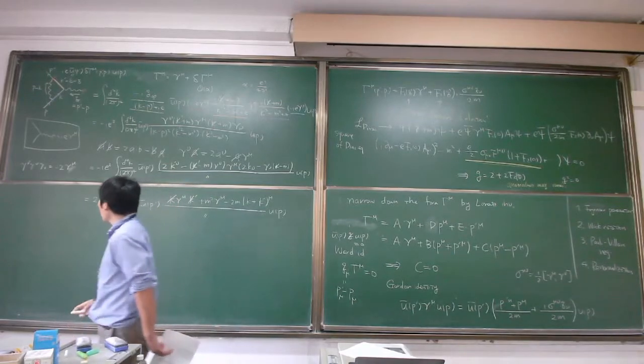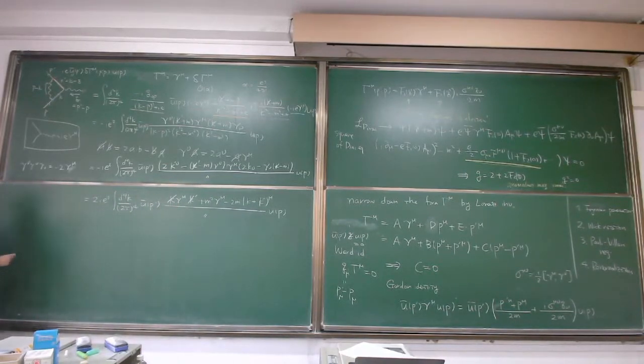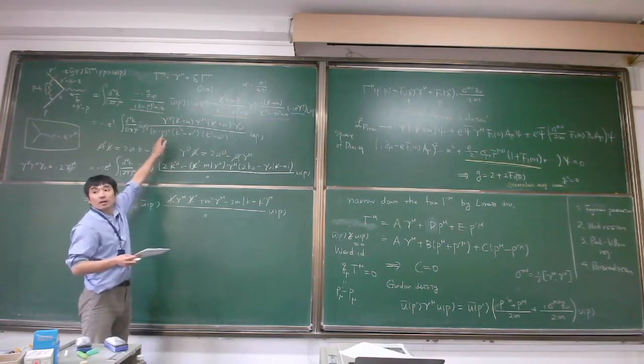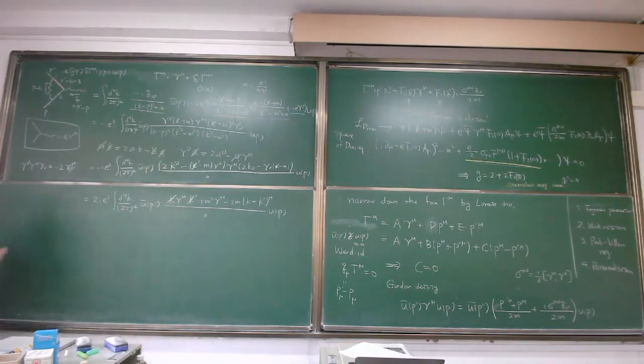Let's see this so-called Feynman parameter. Feynman parameter means that we care about this denominator.